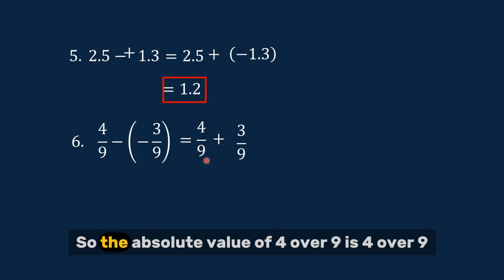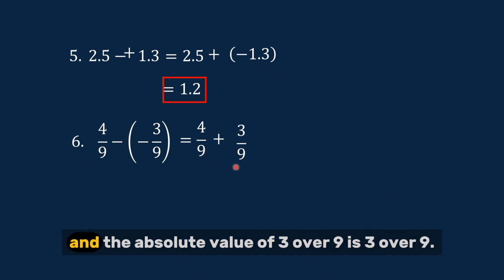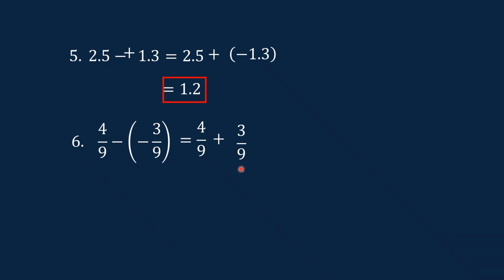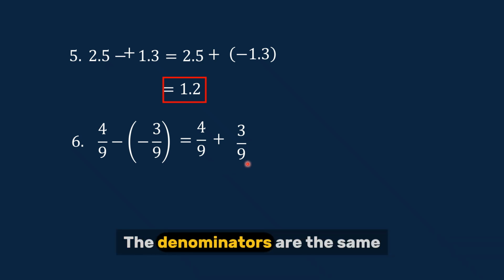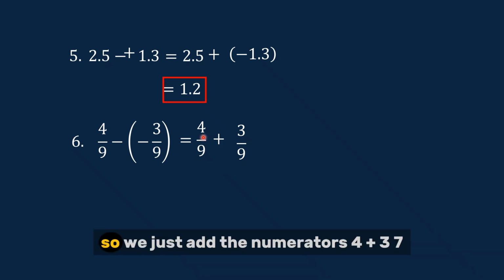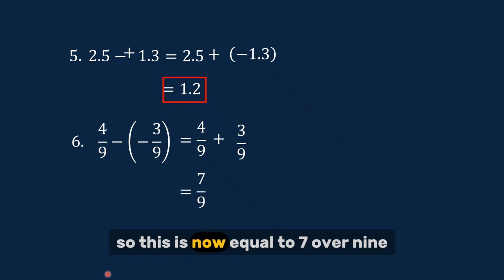So the absolute value of 4 over 9 is 4 over 9, and the absolute value of 3 over 9 is 3 over 9. The denominators are the same, so we just add the numerators. 4 plus 3 is 7. So this is now equal to 7 over 9.